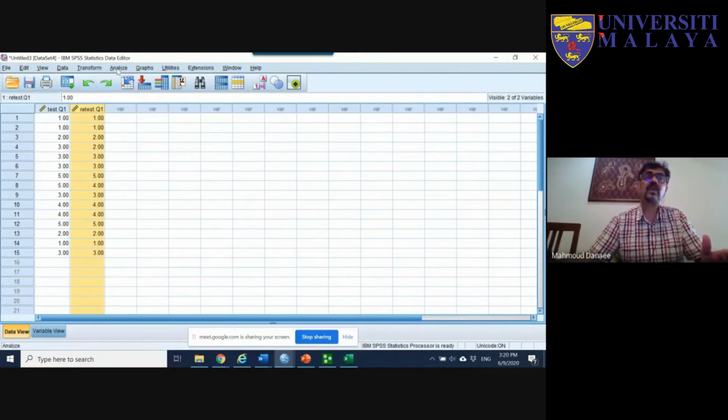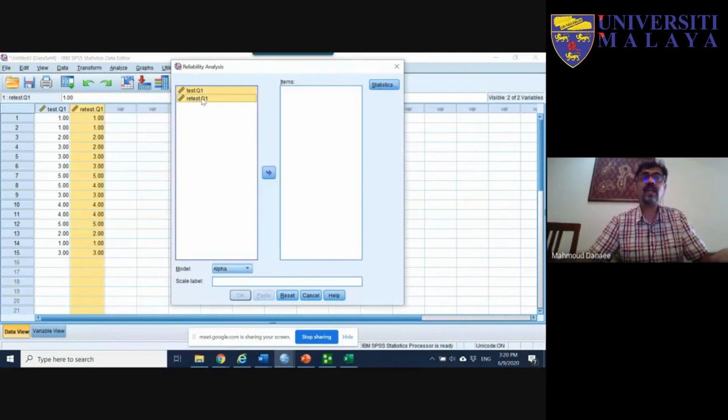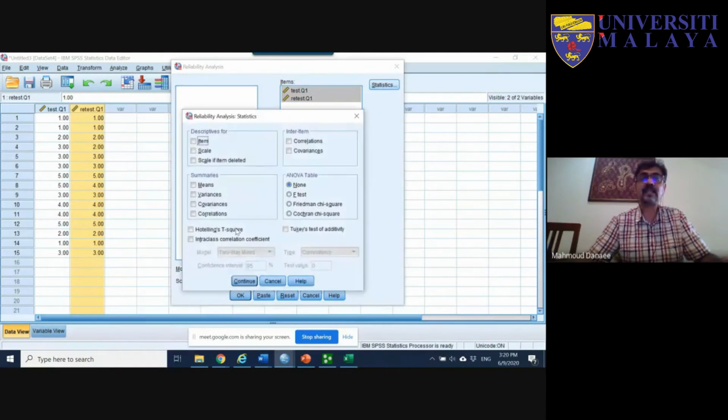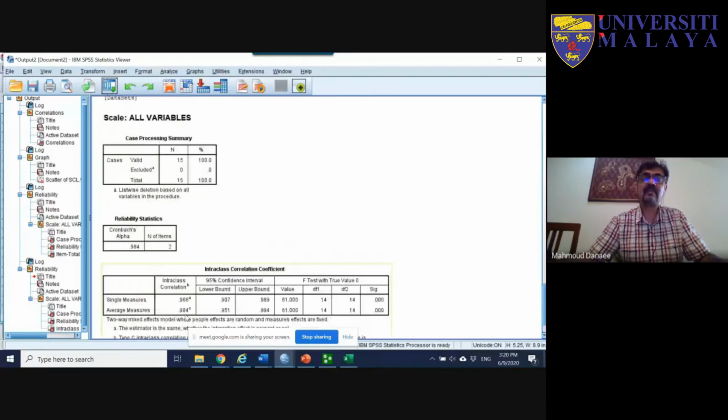So you need to calculate the scale reliability only for these 2 items and then calculate the ICC, intra-class correlation. So if people answer the same during the test and retest, then we can conclude that this item is reliable.